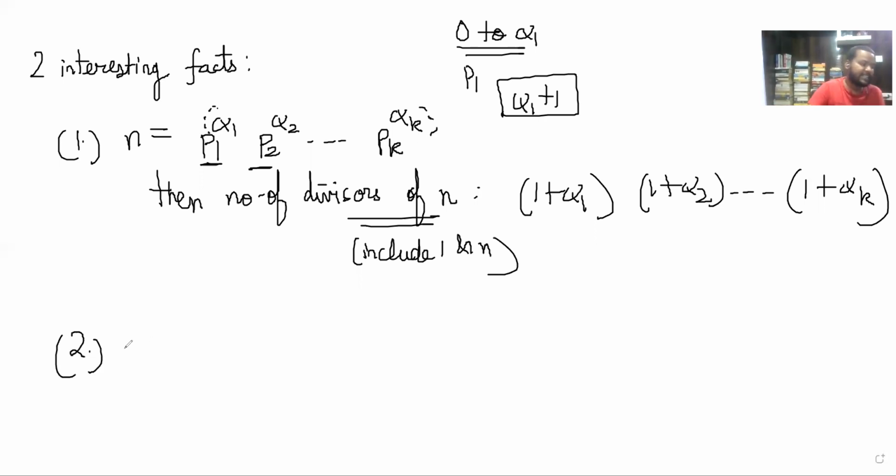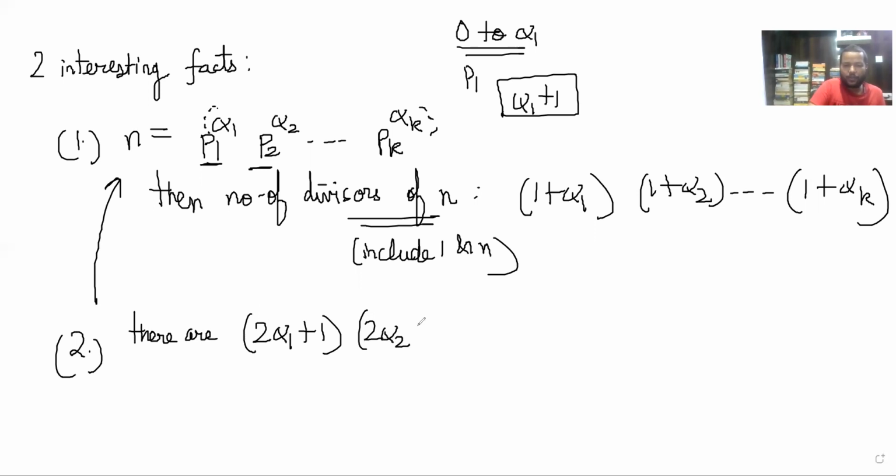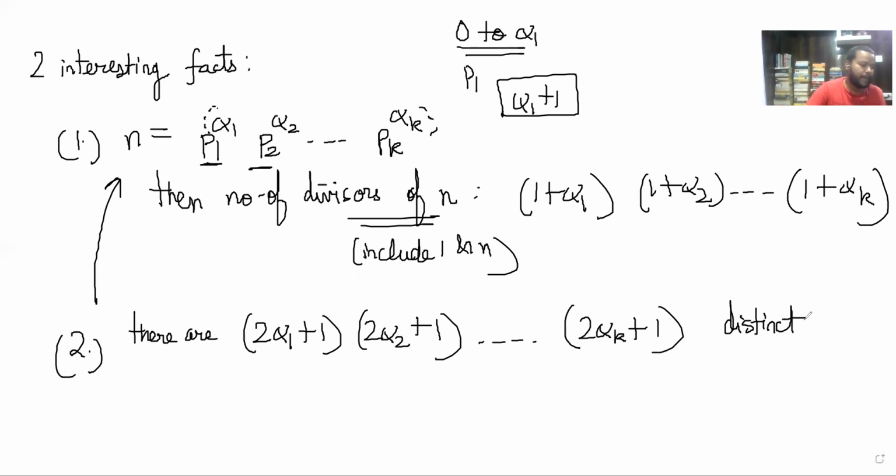The other result is something that you might not have seen. Let n be the same number. Then there are (2 alpha 1 plus 1), (2 alpha 2 plus 1), and so on, (2 alpha k plus 1) distinct pairs of ordered positive integers.